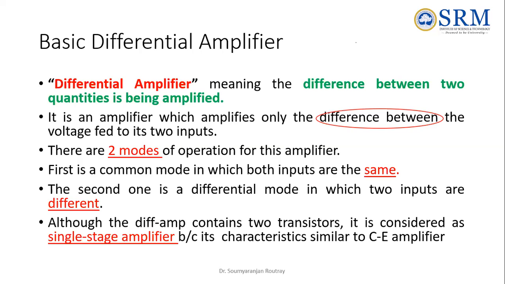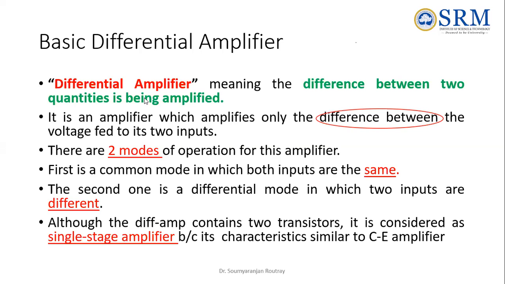If input signal comes to both inputs, like A to one terminal and B to another terminal, then it is differential mode. So depending upon our input, the amplifier will decide whether it will work in common mode, differential mode, or both. If signal and noise come at a time, then it will work in both common mode and differential mode.